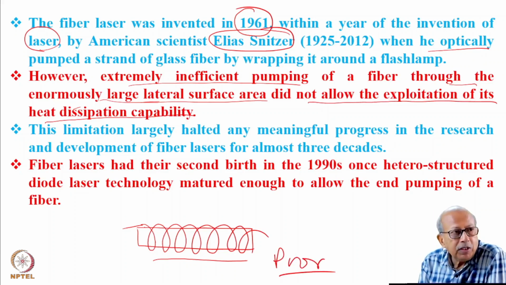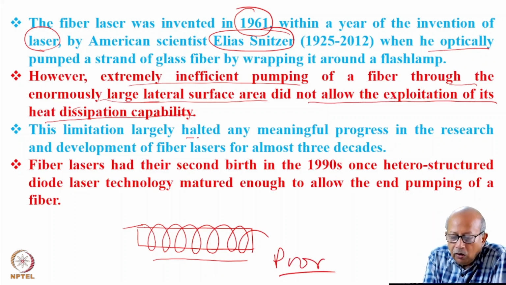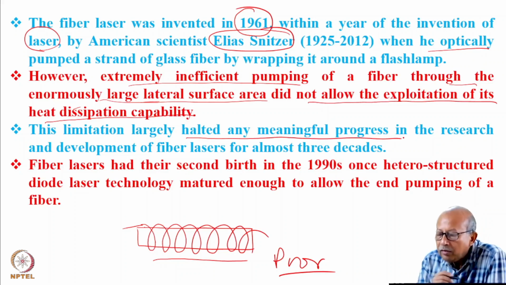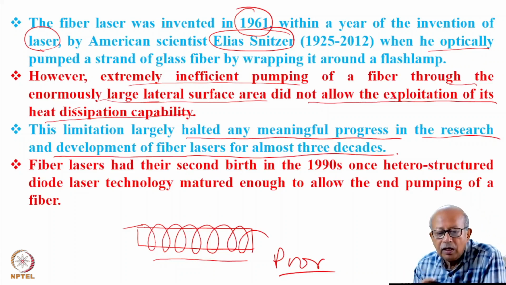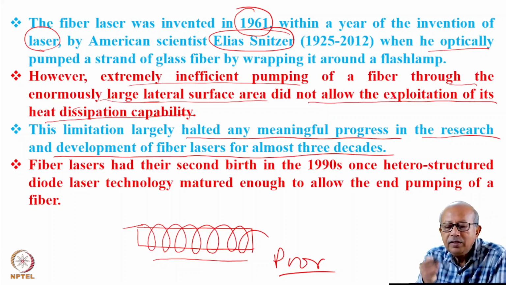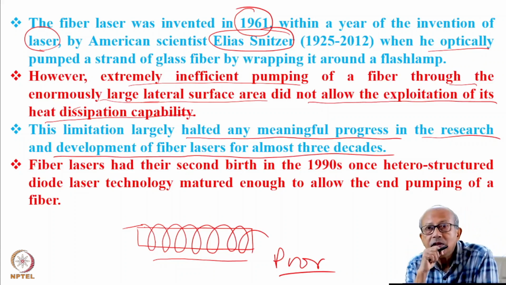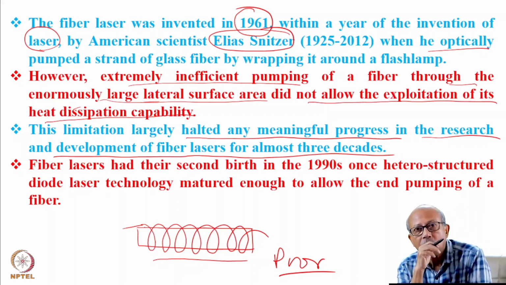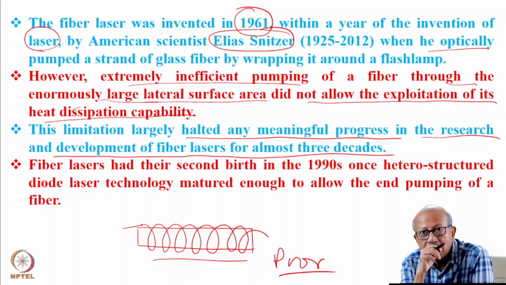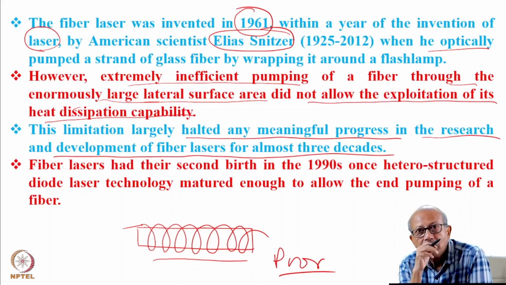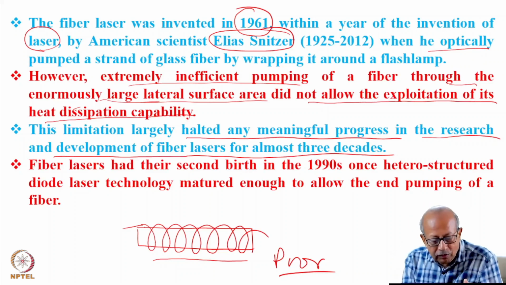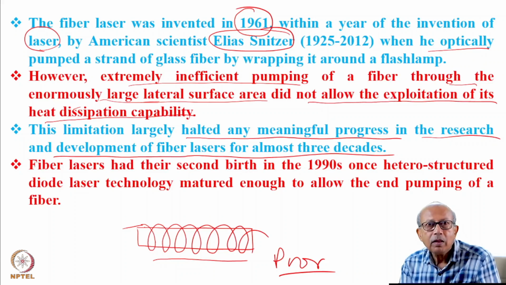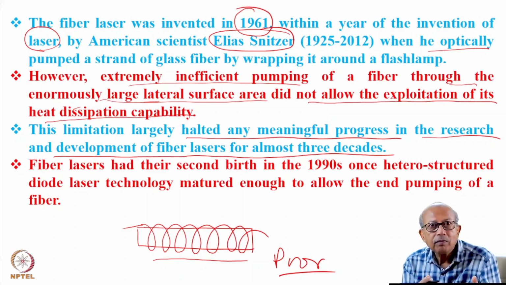Now this limitation essentially halted any meaningful progress in the research and development of fiber lasers for almost 3 decades. That is, from 1960 almost up to 1990, there was hardly any progress in fiber laser performance. There was hardly any activity also, because the main problem was how to pump the fiber from its side.